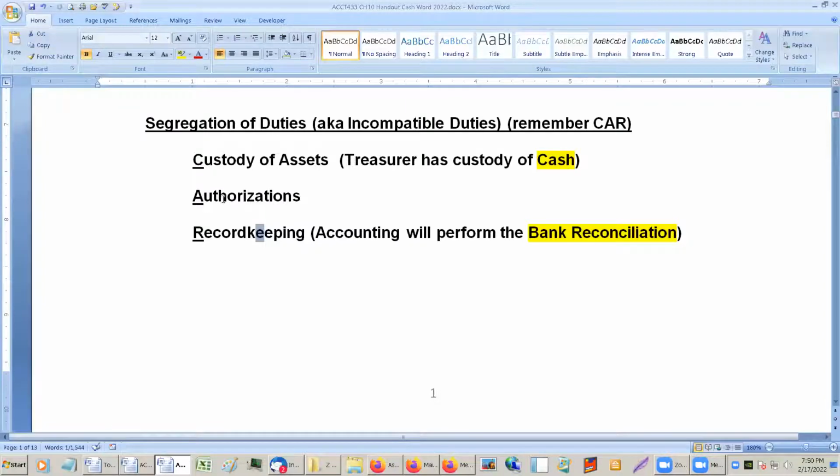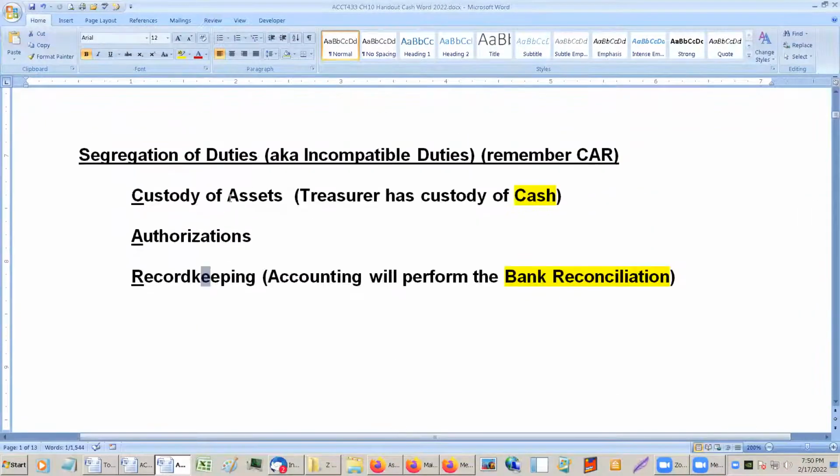So we try to keep things separated, and when you run into a problem, it almost always comes down to this: two or more of these are overlapping, and someone has more than one of these duties.